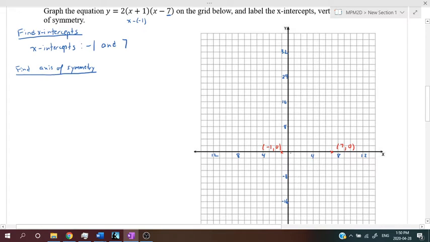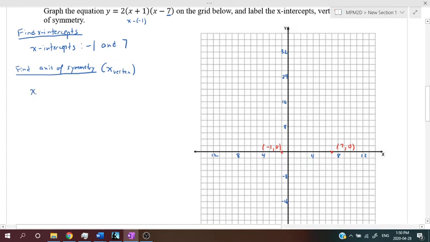So if the x-intercepts mirror each other on either side of the parabola, then shouldn't the axis of symmetry be right in the middle? And it is. So what we're going to do is we're going to find the x value. Now it just so happens that the x value of the axis of symmetry also happens to be the x of the vertex. It's pretty handy. So we're gonna look at that in a sec.